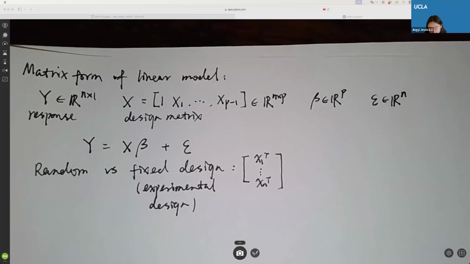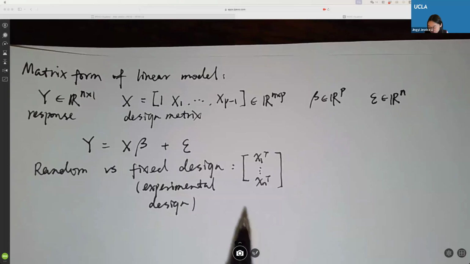So even though someone else might repeat the experiment, the design matrix will stay the same, with just different measurements of Y. So that's why in the fixed design, we only consider randomness in the error term or the unobserved term, and then measure the Y, right? So the Y's are different, but X is the same. So in this case, we don't have any reason to believe that X is random.